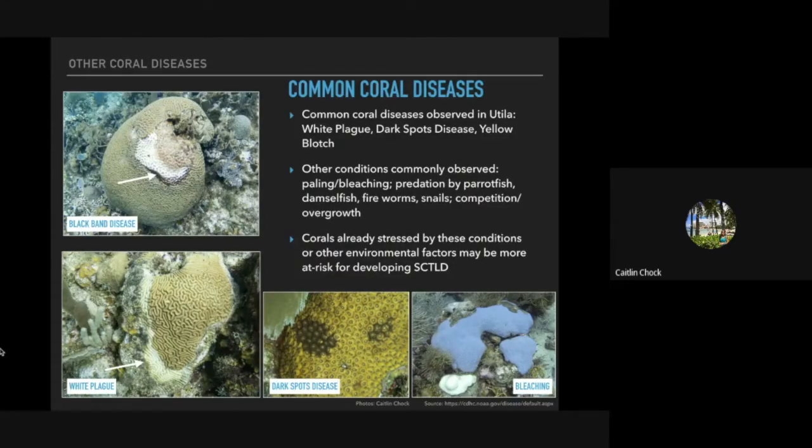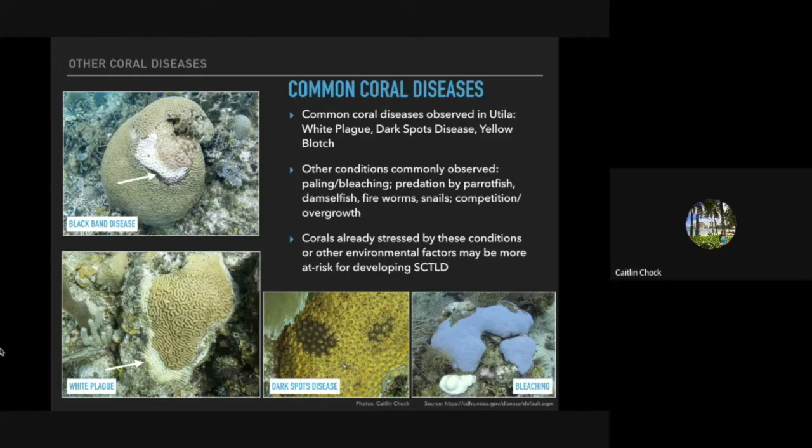Some other common coral diseases. As I said yesterday, I am not at all an expert in coral diseases. Luckily, Danny is, and she will be giving us a more detailed presentation on how to recognize different coral diseases so we can have an idea of how to tell those apart on the reef as we're looking for SCTLD.